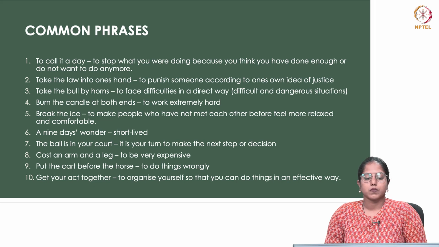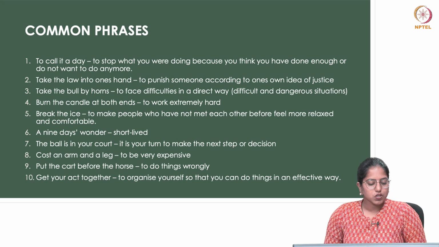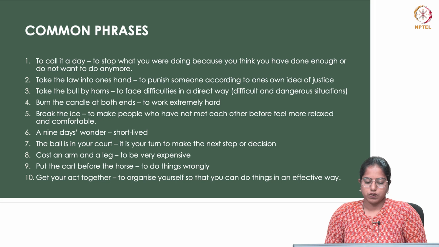Let's see this phrase used in a sentence. After his daughter's killer was let off without a conviction, the man decided to take the law into his own hands. What does this mean? It means that somebody who killed someone's daughter was let off without a conviction.